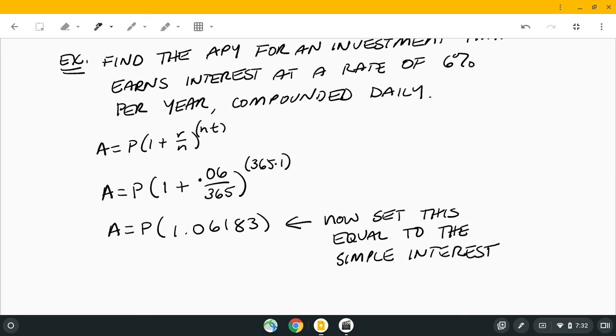So here, if we're given some P value, then when we do this calculation, this is going to tell us what we end up with at the end of 1 year, right? A is equal to this, and this A is going to be equal to the amount that we end up with at the end of 1 year, right?